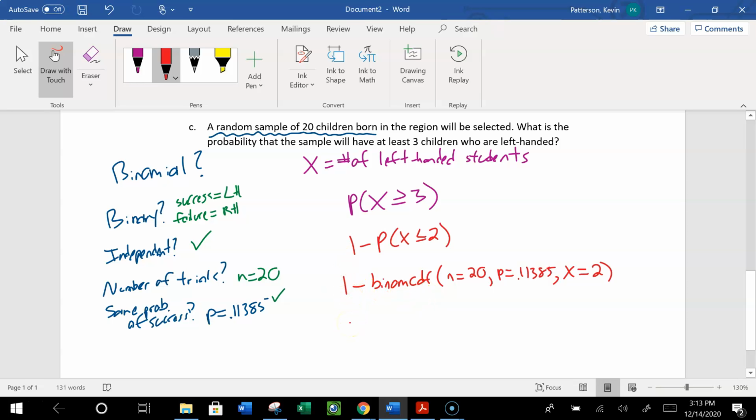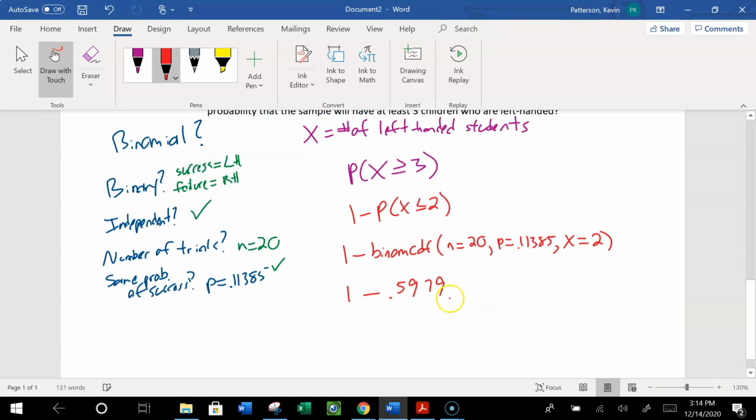So I wish I had the calculator on my computer, I'd show you, but let me just type this into my calculator real quick. It comes out to be .5979, we'll say.